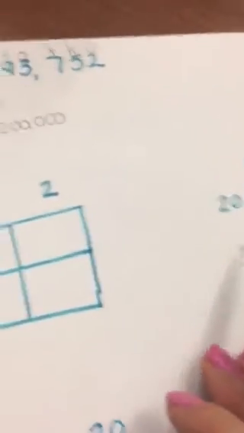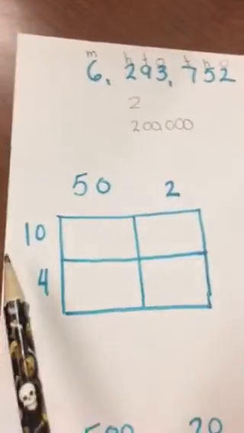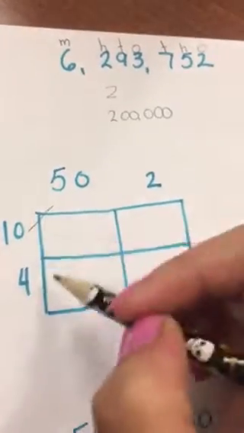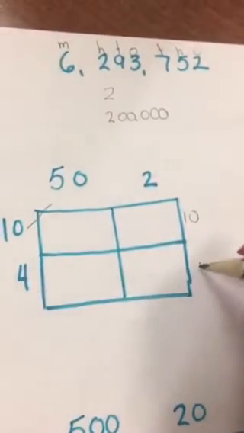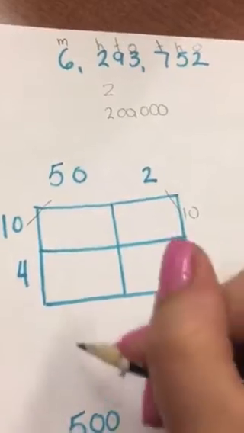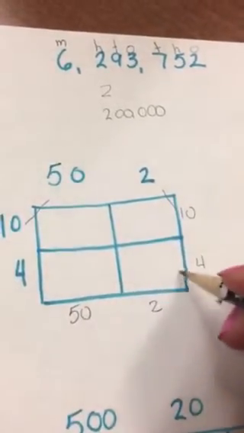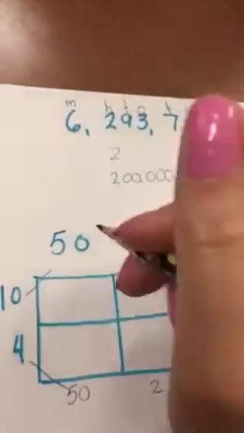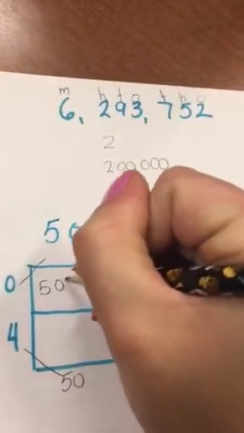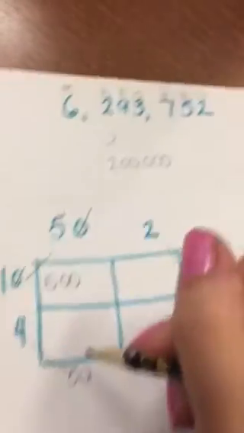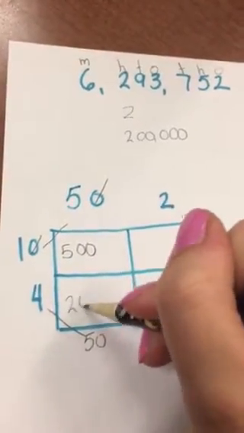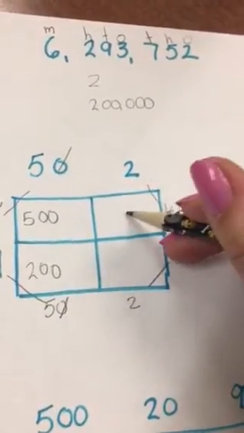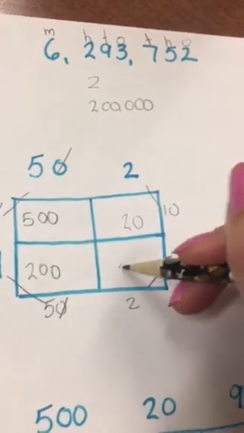The next question says, which two factors do not have a product less than 1,800? So the first answer choice A is 52 times 14. I already have it in my box method. I'm connecting my lines here, so I know what I'm multiplying. In my first quadrant, 5 times 10. 5 times 1 is 5, and then I have 2 zeros. 4 times 5 is 20, plus 1 zero is 200. 2 times 10 is 20, and 4 times 2 is 8.